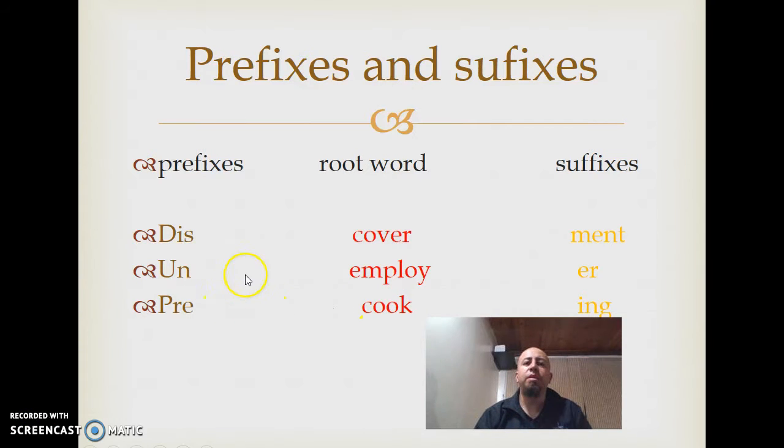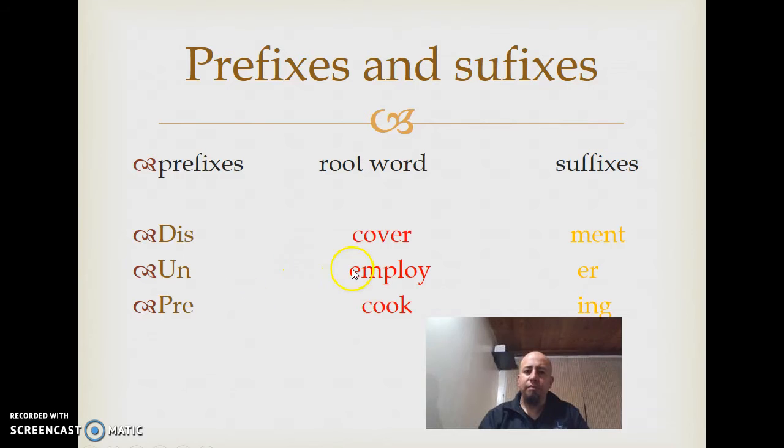And here we have some examples with prefixes and suffixes. As you see, this is the root word, but to this word we can add some prefixes and suffixes, such as government, unemployed, or pre-cooking.